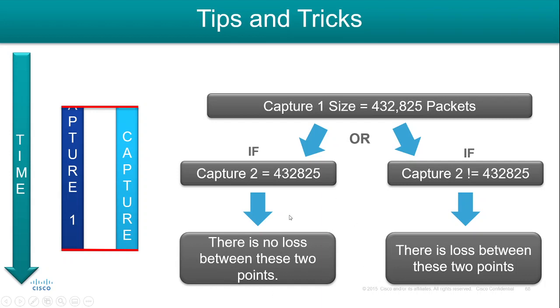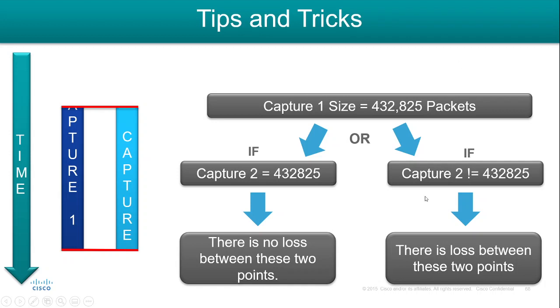I don't even need to look at TCP. There might be retransmissions, but the retransmissions were not between these two capture points. Every packet that is in the first one is in the second. They match up. There's no loss between where these two were collected.